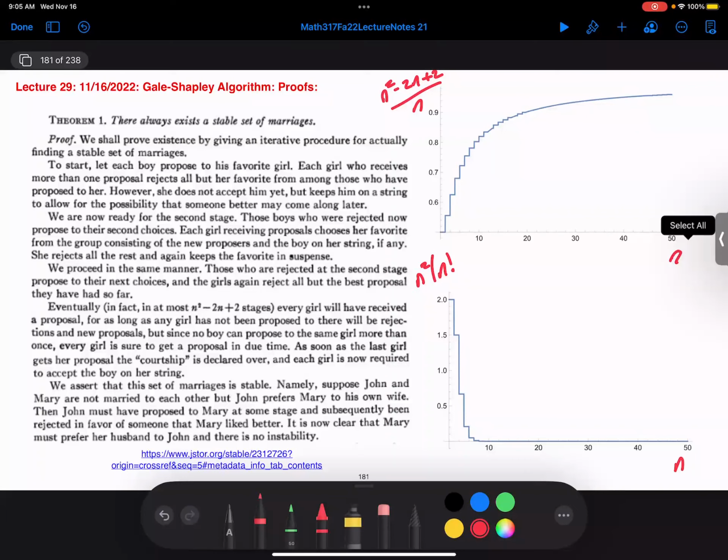Does this plot really give you much information? No, why not? What's the danger of looking at this? Why is this not so useful?